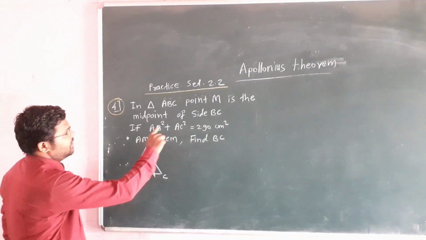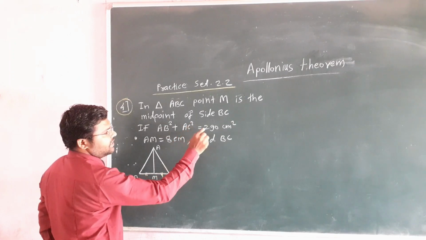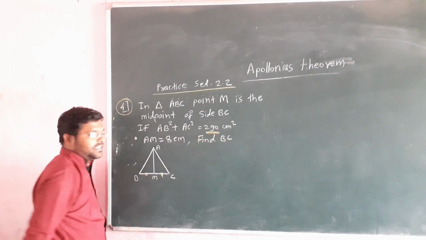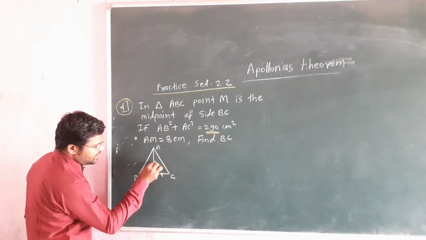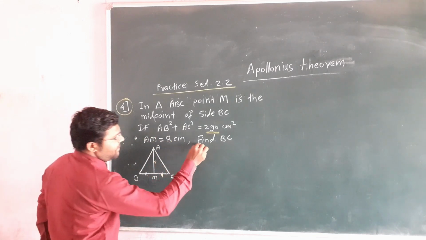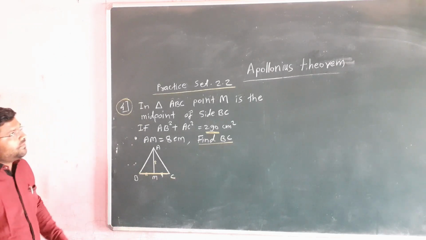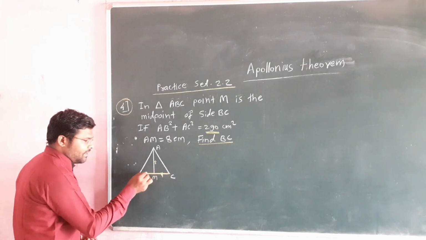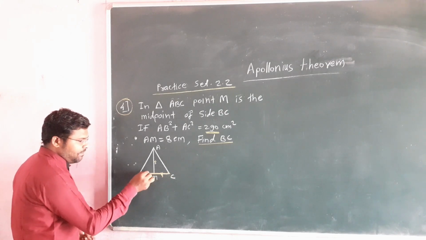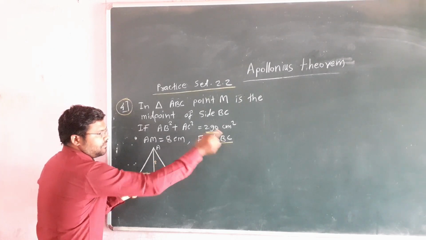AB square plus AC square is given as 290 square centimeter, and AM is the median, given as 8 centimeter. Find the length of BC. So we can use Apollonius theorem and find out CM or BM. If we find BM, then double of BM is equal to BC.